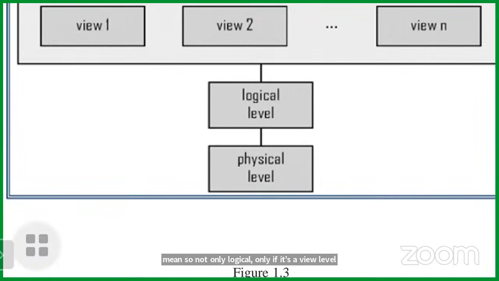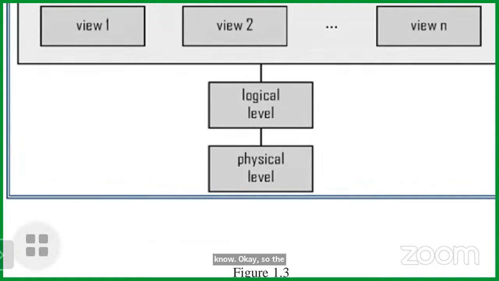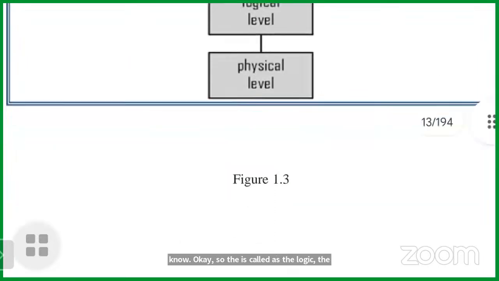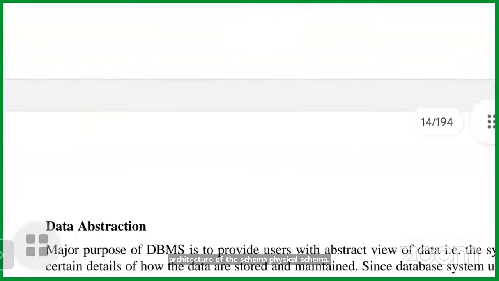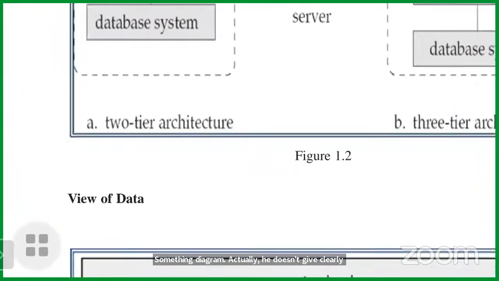Internally what database software is used and physically where it is stored, we don't know. That is called the logical architecture, the schema, the physical schema. Actually, he didn't clearly give the diagram name here, just the view of data.